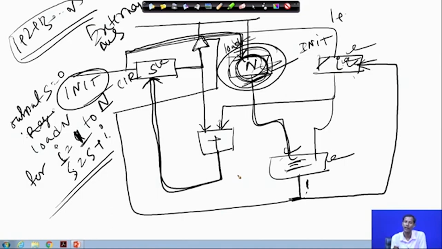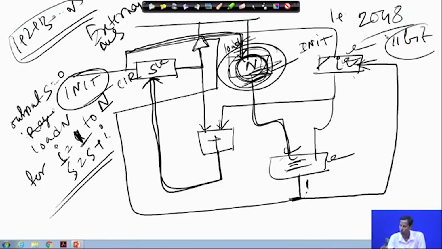Why do I need to remove it? Because if this n value is, let us consider, 2048, I need 11 bits for 2048, so I need 11-bit registers over here.